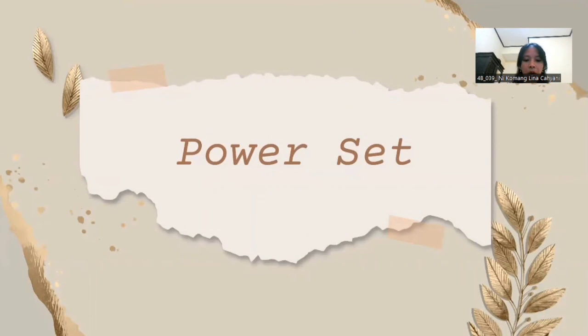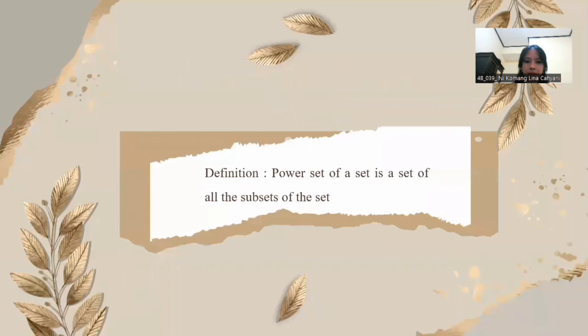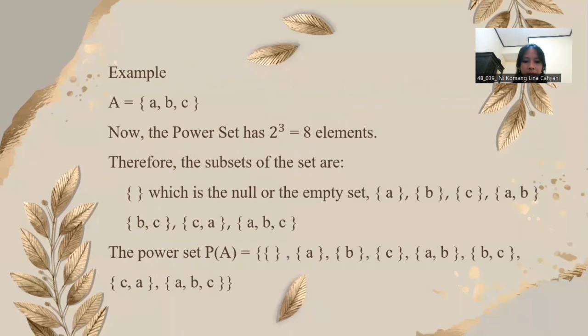The last thing we are going to talk about is the power set. The power set of a set is the set of all the subsets of the set. For example, if I have a set A whose elements are a, b, and c, the cardinality of set A is 3 because the total number of elements in set A is 3.